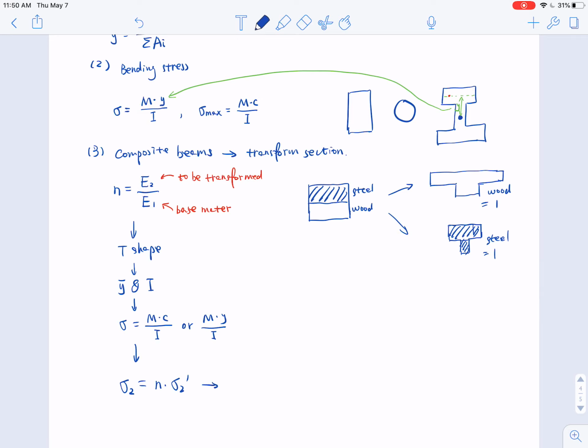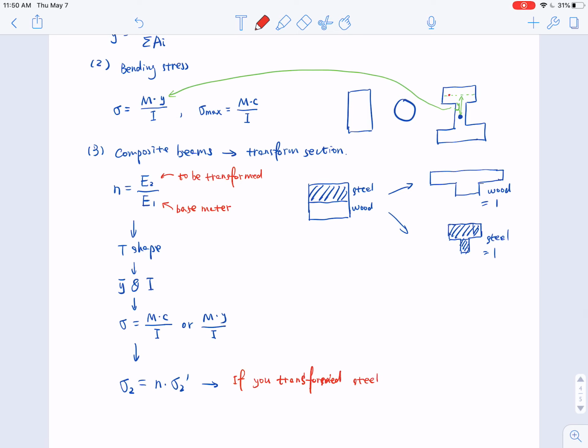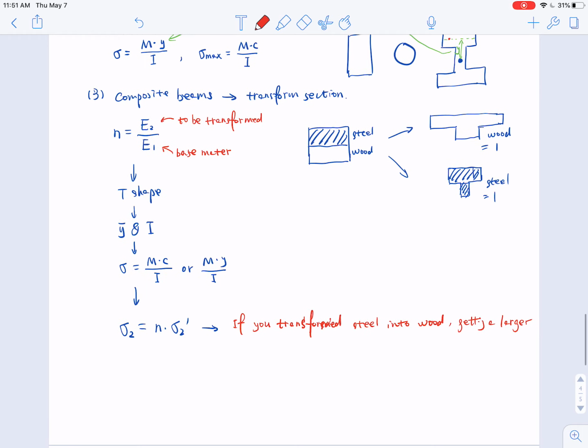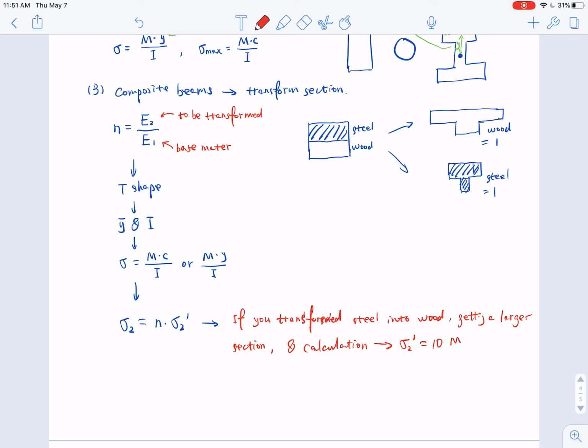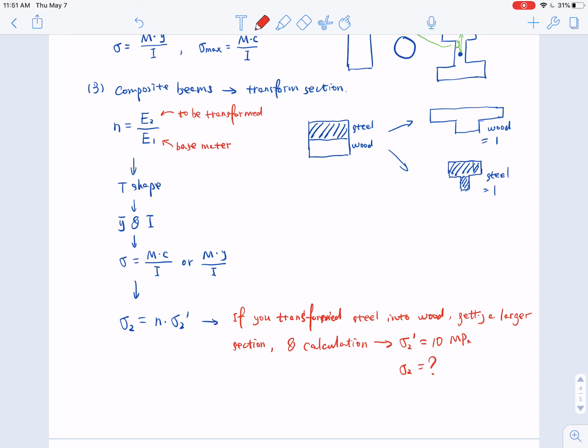So here is a question for you. If you transformed the steel into wood and got a larger section, and the calculation sets the bending stress at a point here as 10 MPa, what is the real bending stress at this point?